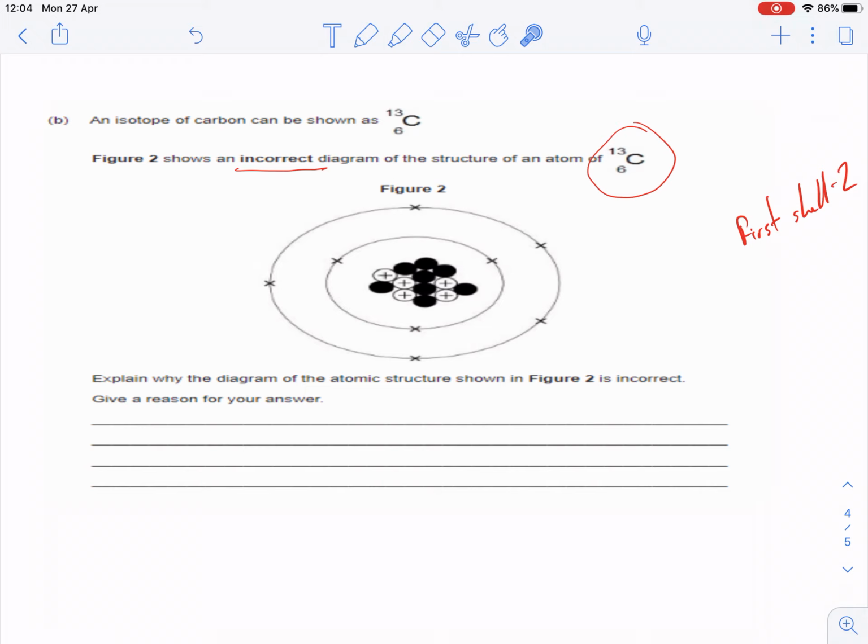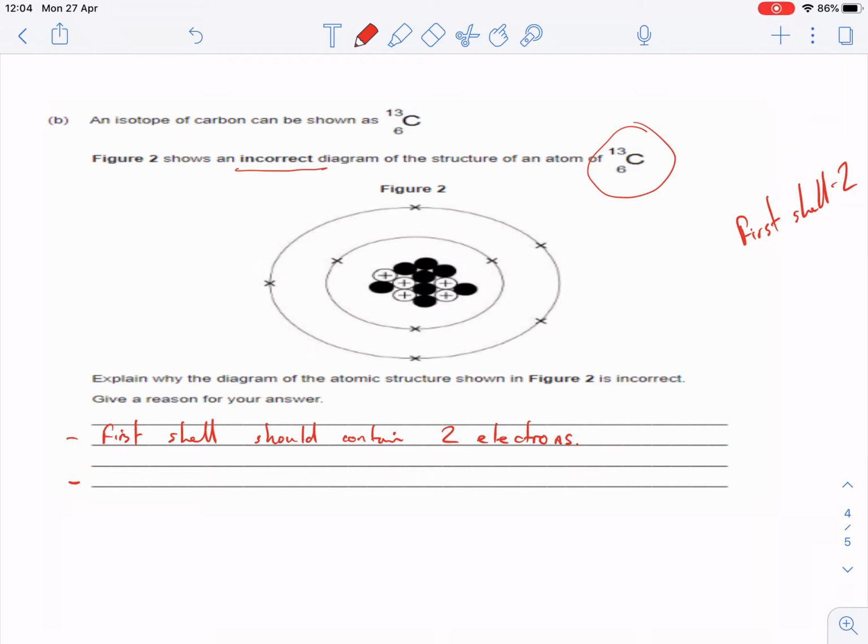So the first answer here: the first shell or inner shell should contain 2 electrons. So that's 1 mark taken care of straight away.